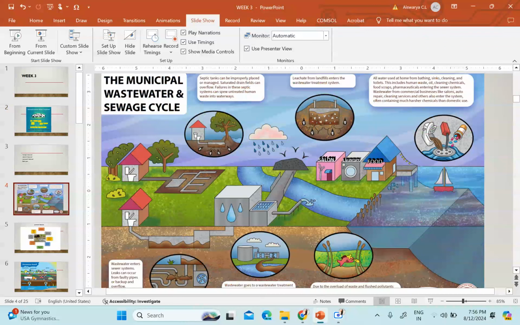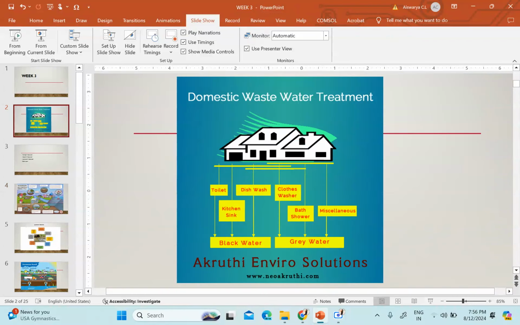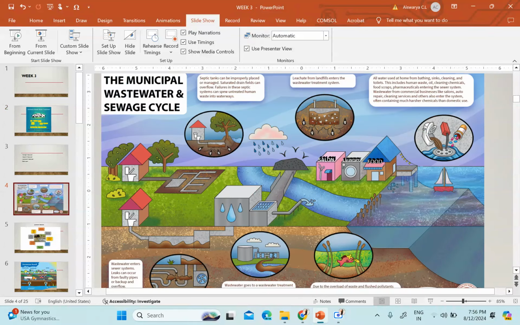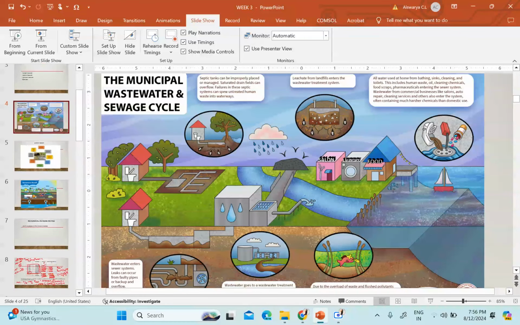There is industrial waste specifically, but here we are considering small scale industries also, along with hospital waste, the big educational institutes, restaurants, and saloon and laundry waste. All these things together are considered as municipal. Okay, got the difference? Okay.